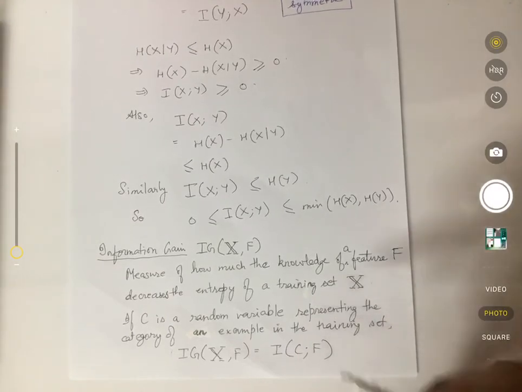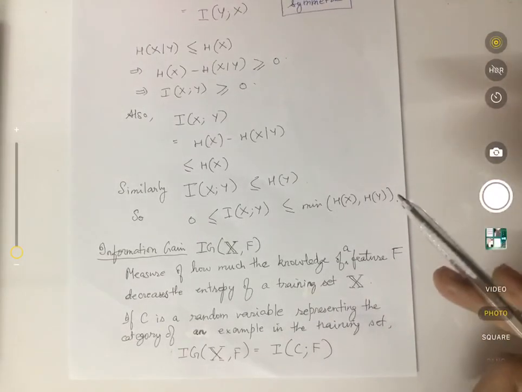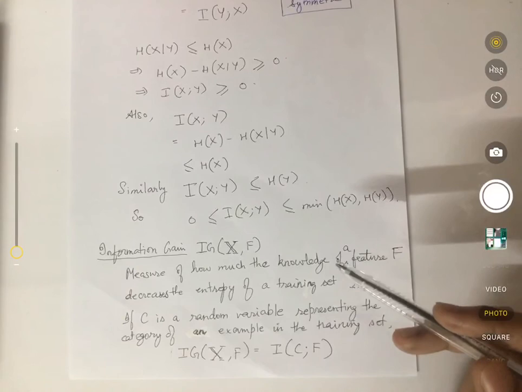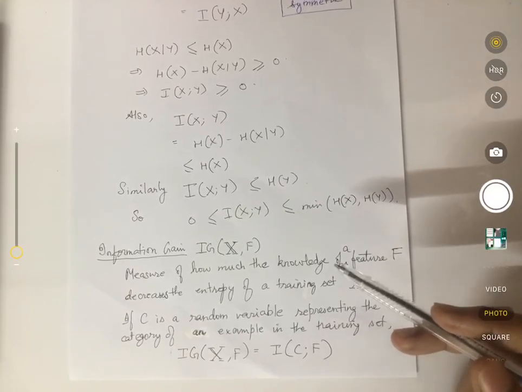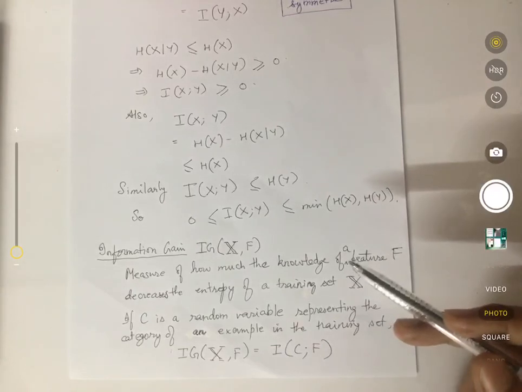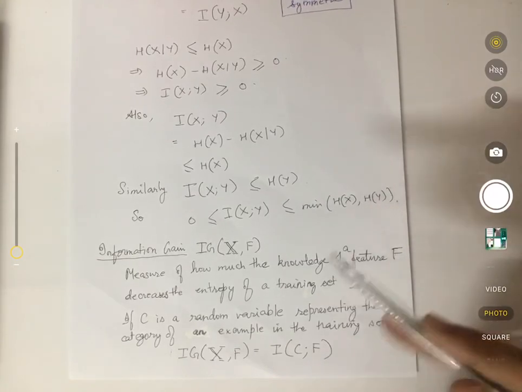Actually there are many different ways of looking at information gain, and some people, when they say information gain, mean Kullback-Leibler divergence, right? Which is another metric.